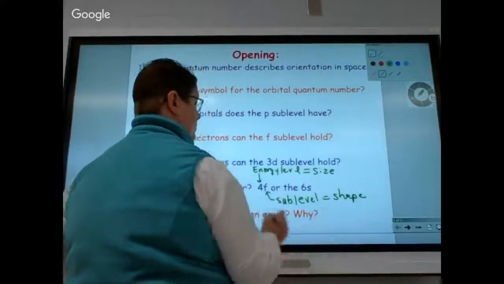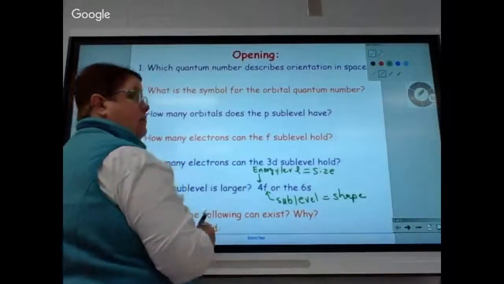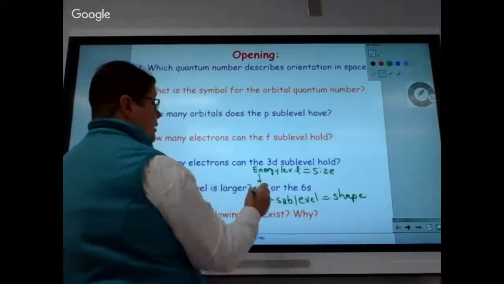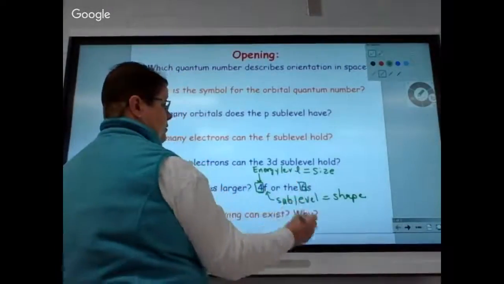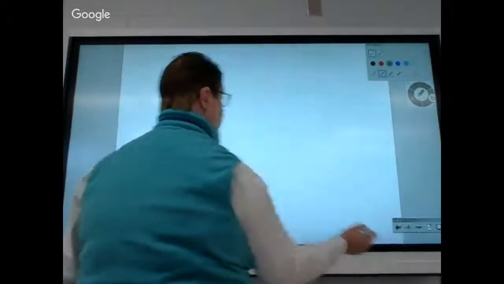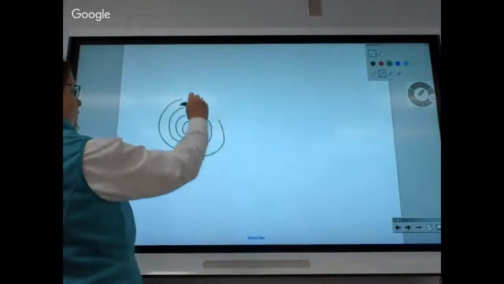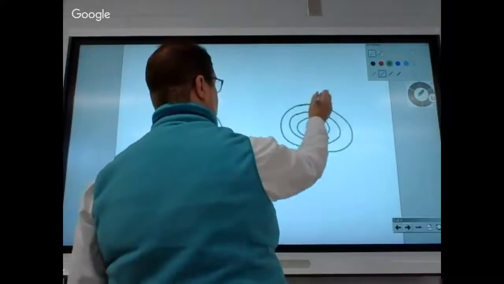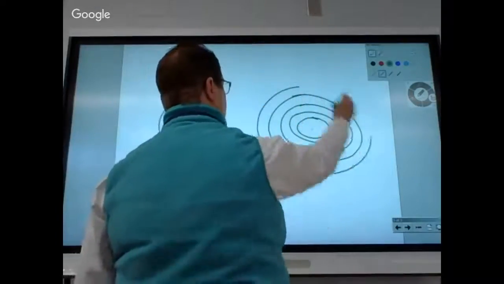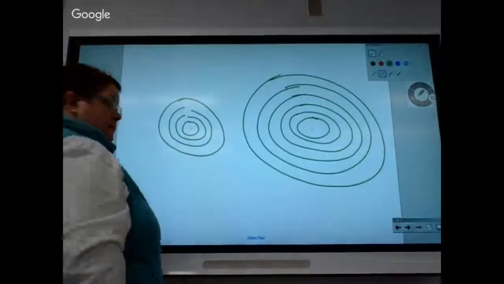But isn't the sublevel S smaller than F? Not necessarily. It just means there are more of them. So 4 and 6: 4 would be 1, 2, 3, 4. 6 would be 1, 2, 3, 4, 5, 6. So who's bigger? 6.